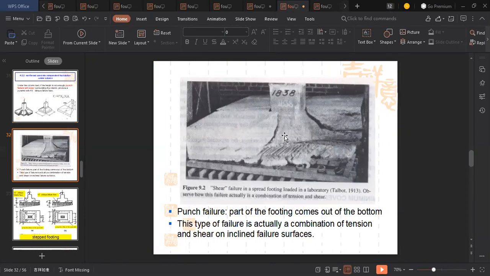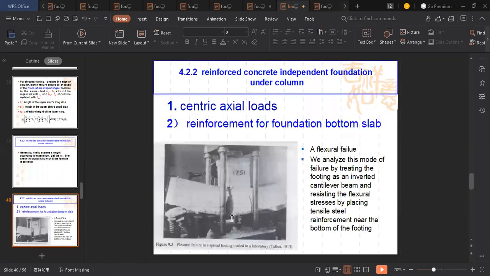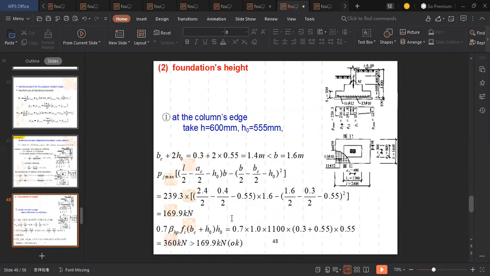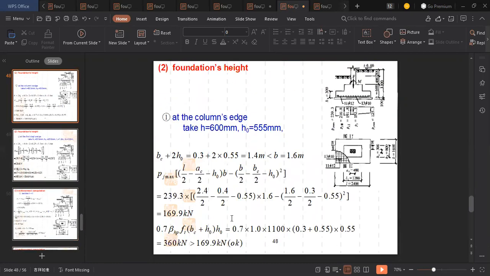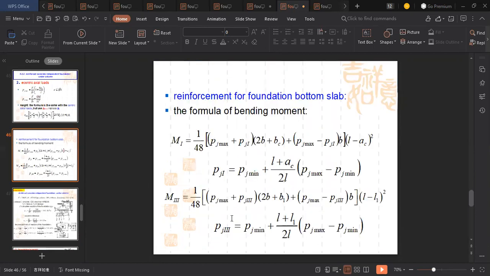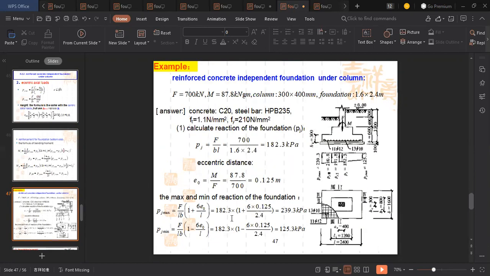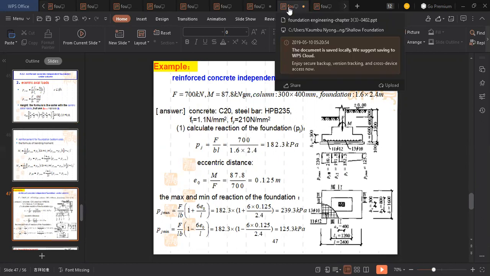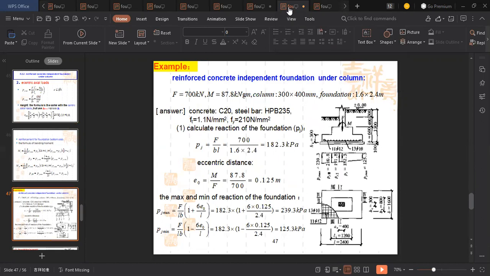So this is what we're trying to solve for, the punching failure. We follow these steps, so if anything doesn't look clear in the paper, you can just refer to this. This is PPT 3.3.